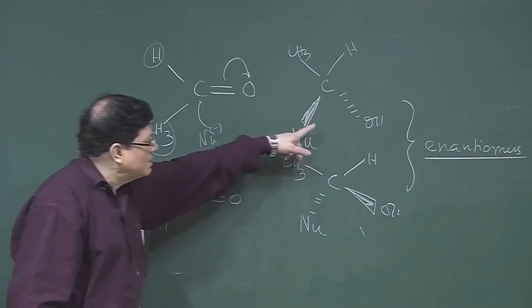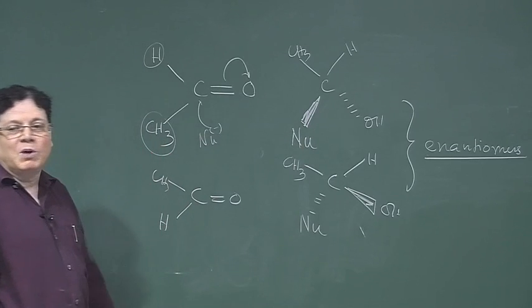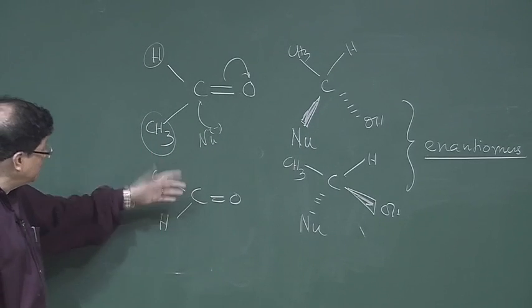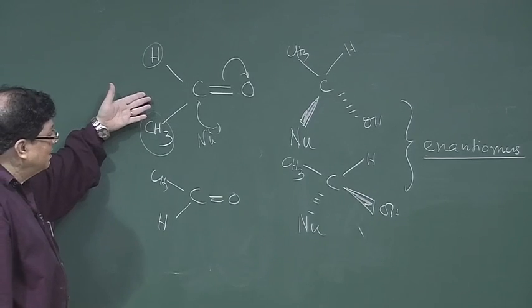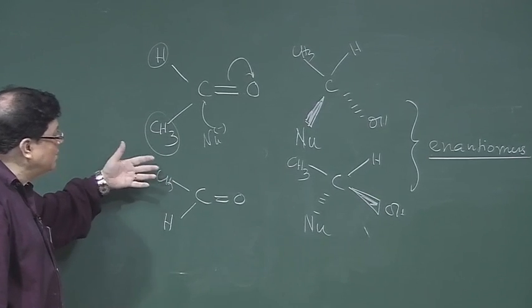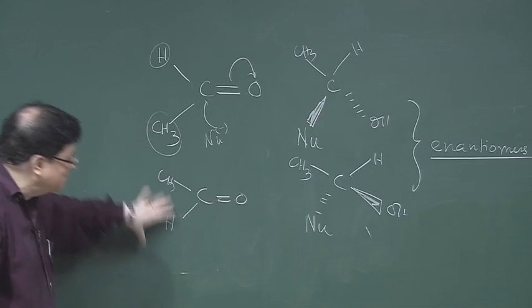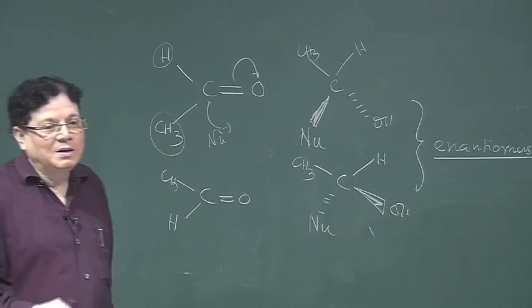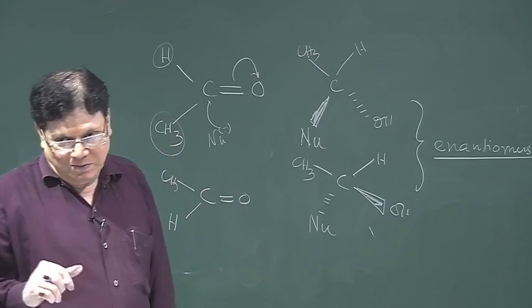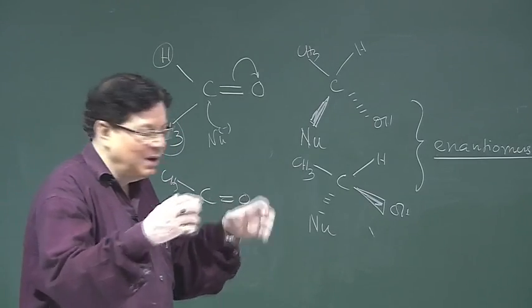Now, to get this compound, the nucleophile has to come from the back side, because it is written in a reverse fashion. So, the back side now becomes identical to the front side if you write it in this fashion. Okay. So, we need to describe the topicity of the face, the relationship between the faces.